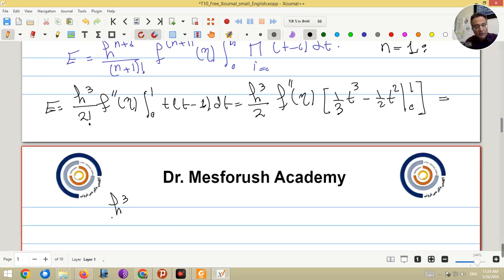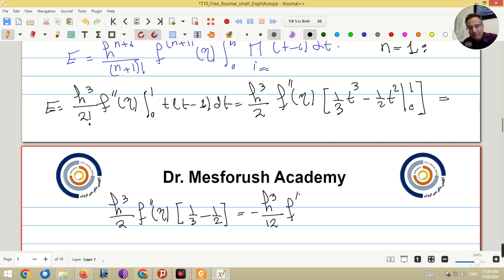This is h over 3 over 2 f double prime at eta times 1 over 3 minus 1 over 2. And this is minus h cube over 12 f double prime at eta, where we know there exists some eta in the interval a and b.